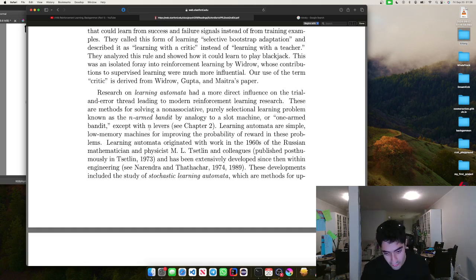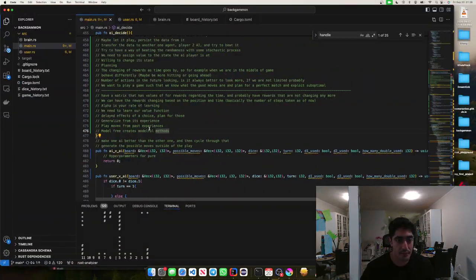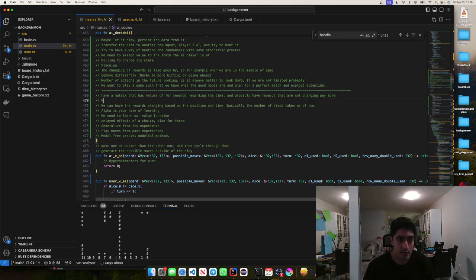Let's just go through the other points that we had. So we started with saying have a matrix that has values for rewards regarding the time. We can start having values in the matrix randomly, and probably have rewards that are not changing anymore.